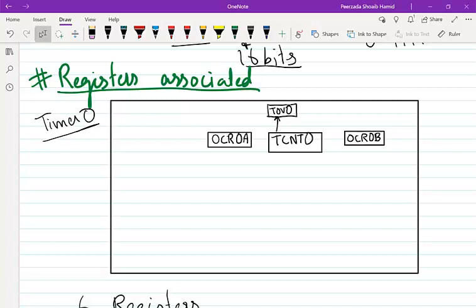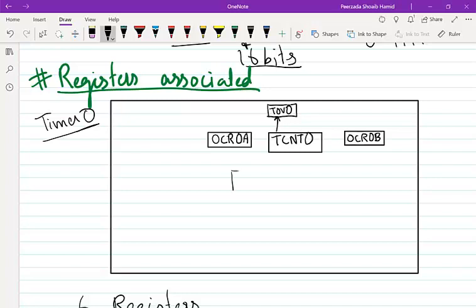Likewise, it used to set the overflow flag when it overflowed from FF to 00. So for example, there will be a particular number in output compare register A and also in output compare register B. After every tick, my timer will compare the contents of TCNT0 with OCR0A and with OCR0B.